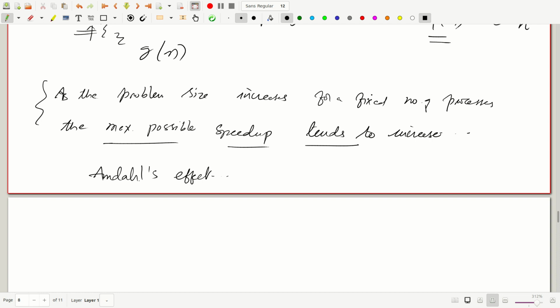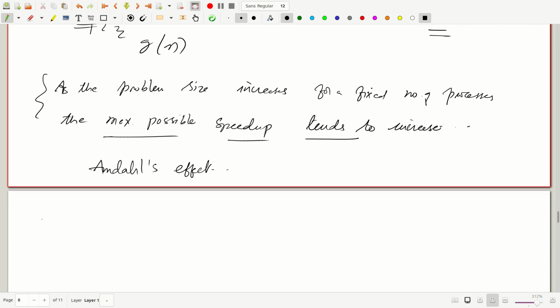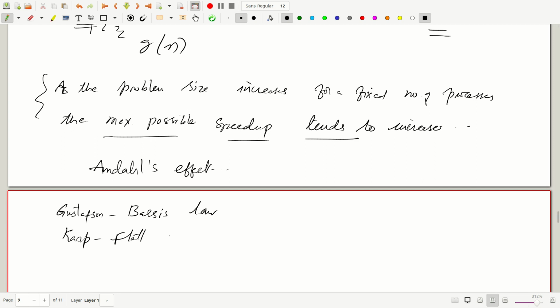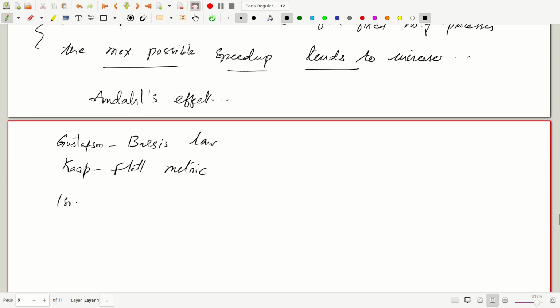And then there are of course a lot of other metrics that are proposed in the literature. Other than Amdahl's law, there is also something known as the Gustafson-Barsis law. There is also something known as the Karp-Flatt metric, and something else known as the iso-efficiency relation.